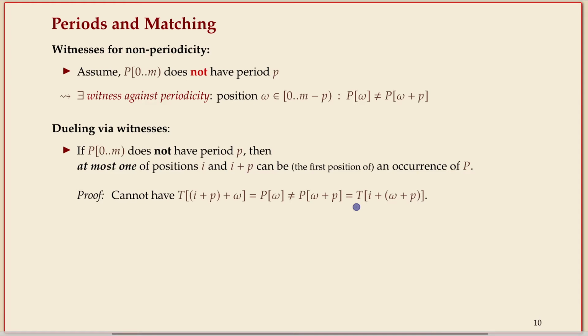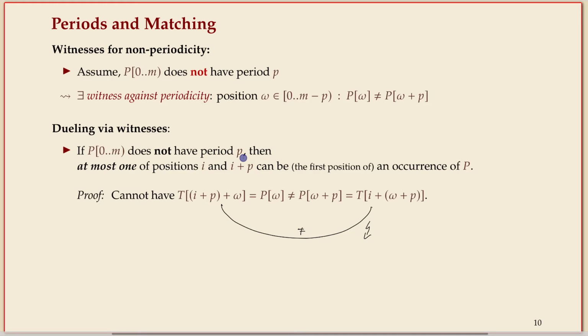But this again would have to be the position in the text, using the same equality here, using the second match. And these two are the same, right? The parenthesis doesn't matter. So these are not equal according to that. And that's a contradiction because it's the same position in the text. So again, if we have a non-period p, out of any two positions that are p apart in the text, i and i plus p, only one can be a match, or maybe none.